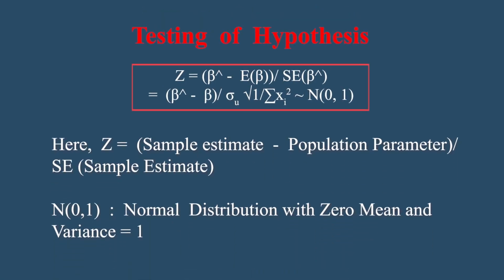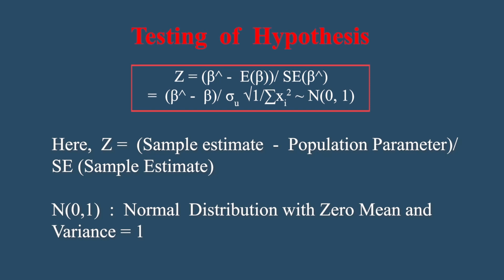Given these two properties of beta hat, we can proceed to the testing of hypothesis of this slope coefficient, taking care of the variance of the disturbance term. In order to do that, we define the z statistic.